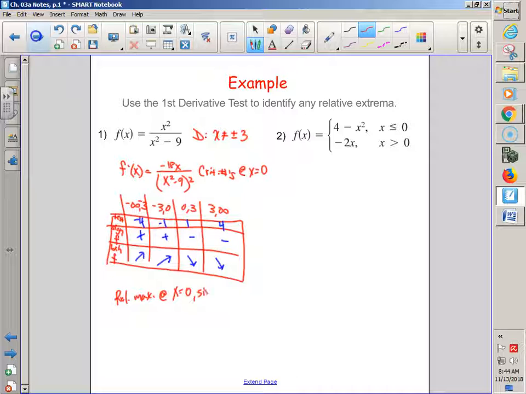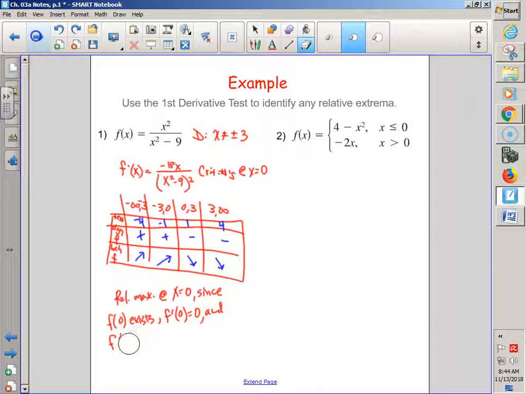Equals 0. If you had to justify, you could say since f of 0 exists, f prime of 0 is 0, and f prime changes from positive to negative at that point.